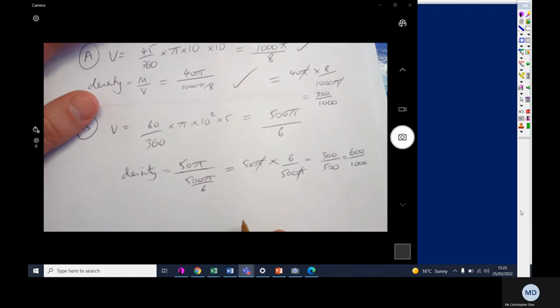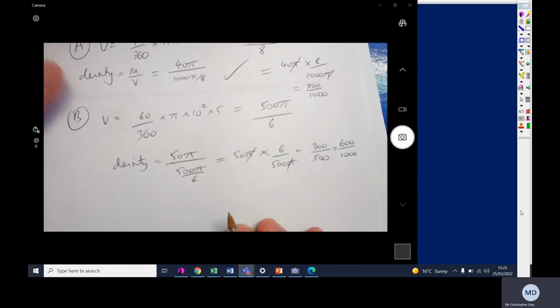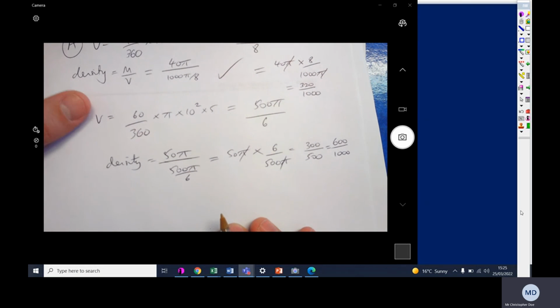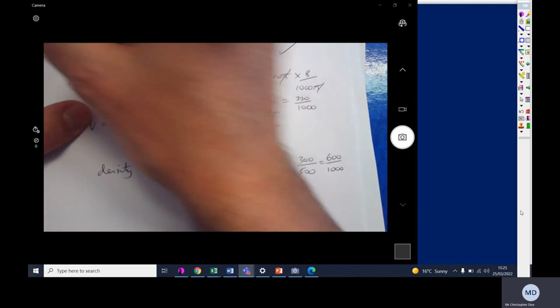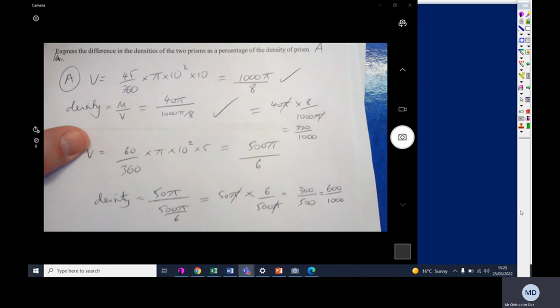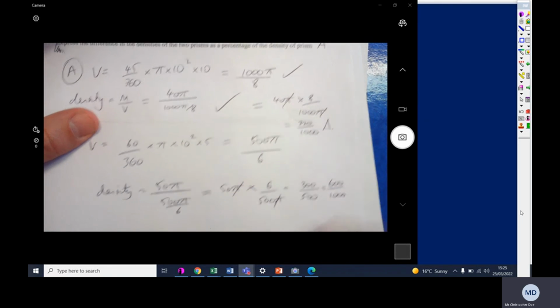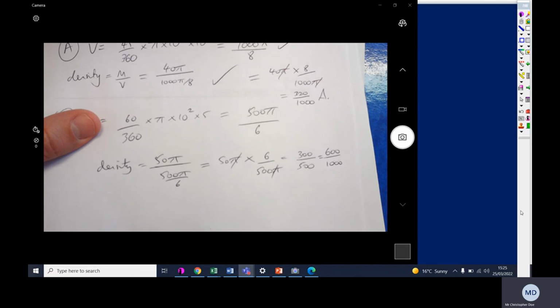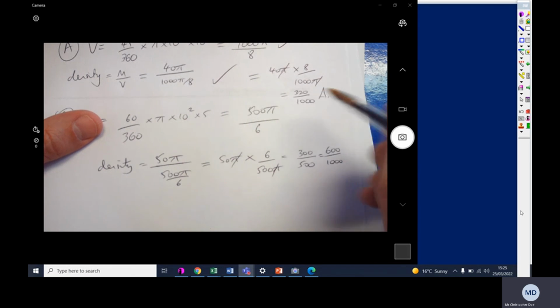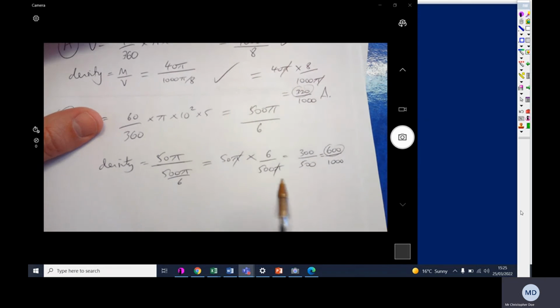Okay. Next one. Express the difference as a percentage of the density of the prism. Prism A, sorry, could have done with A there, not right down there. It's a bit confusing. Okay, prism A is this one, and I want the difference. So we've got 320, we've got 600.